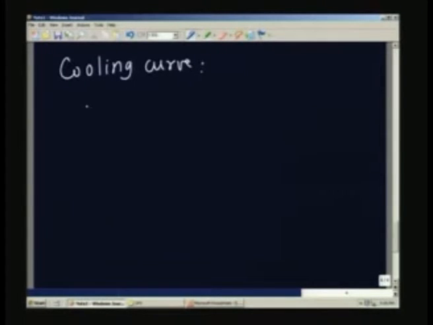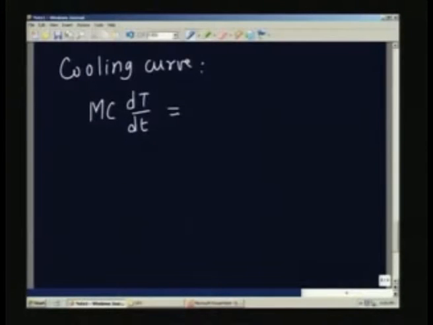This is already familiar to us. This is nothing but the first order system we have discussed earlier. mc dT by dt, the rate of change of temperature multiplied by the mass into specific heat, should be equal to the heat loss from the system.